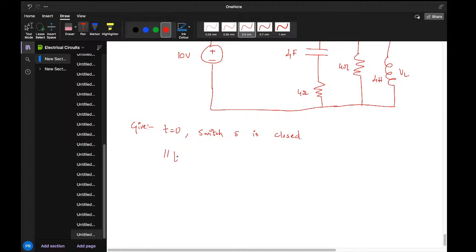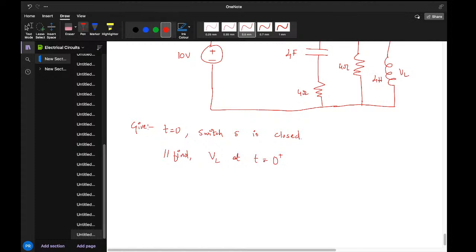To find the voltage across the inductor at t equals 0 plus, it is at time t greater than 0, it's not at 0.